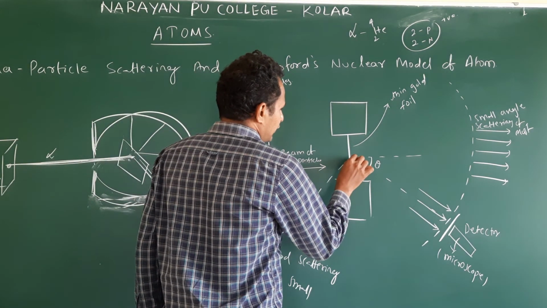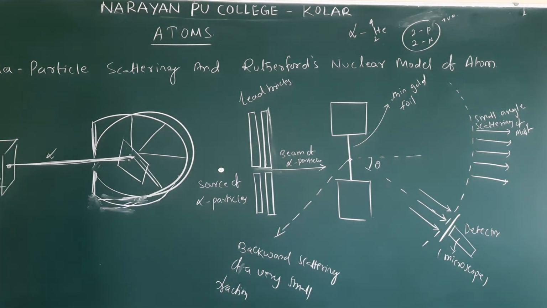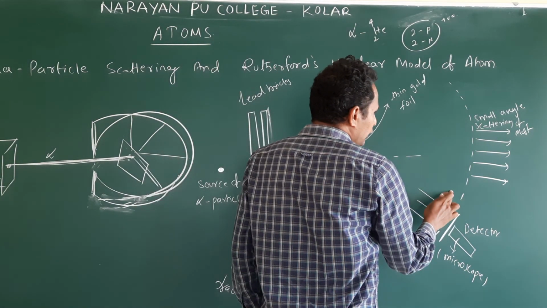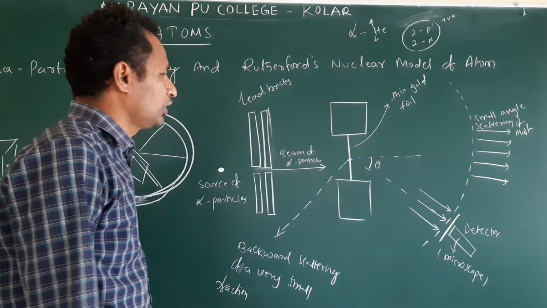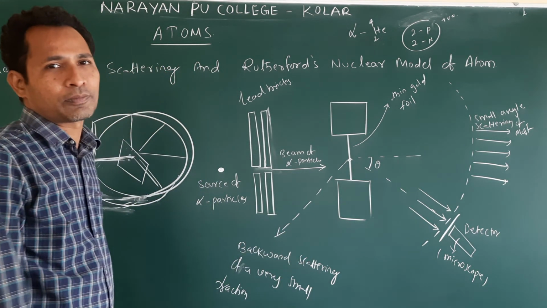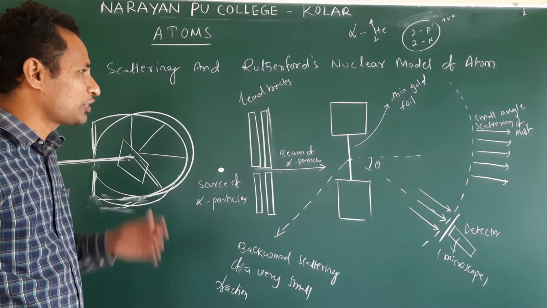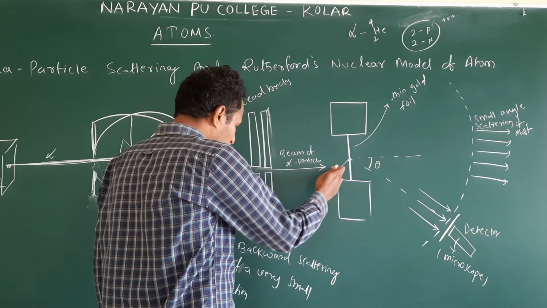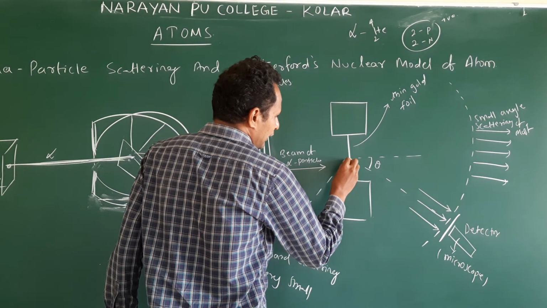Now, once the alpha particles fall on the gold foil, what did they notice in the detector? Most of them were scattered with small angle. Clear? Very few are scattered back. Understand? So most of them show small angle scattering, a few are scattered back, and a few are reflected along the same line.